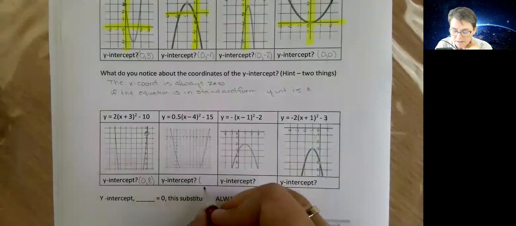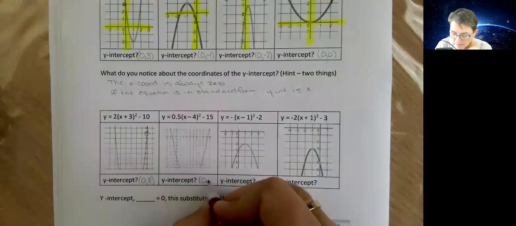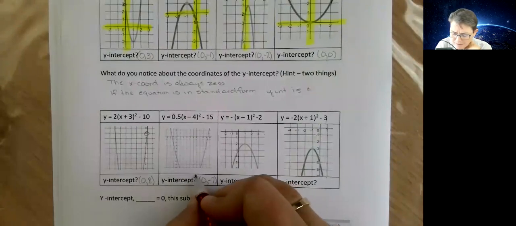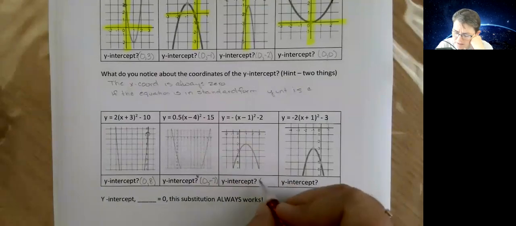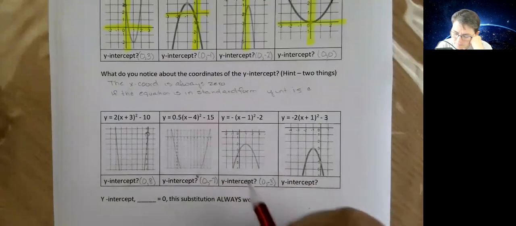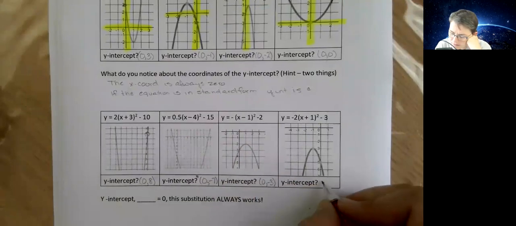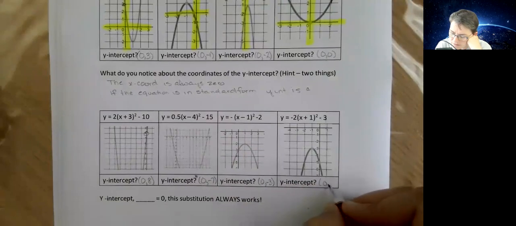And that's going to be, it looks like (0, -7). I'm going to put a little star there because I can't really see. I think that's what it is. And then we've got (0, -3). And oh goodness, they're all minus. I got (0, -5).